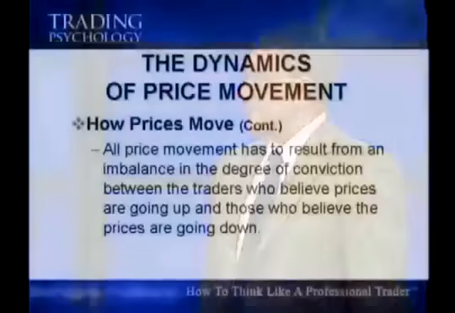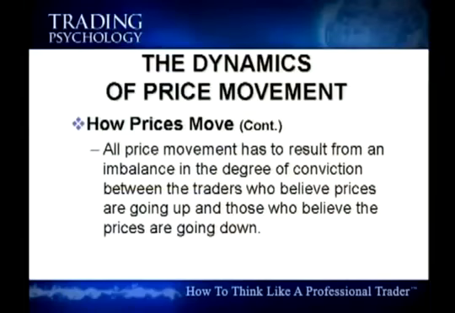So basically, all price movement has to be a result of an imbalance in the degree of conviction between the traders who believe that prices are going up and those who believe that it's going down. That is the only way that prices move. It doesn't matter what the reasons are that people tell you about why they did what they did, or what you hear on CNBC or whatever about where the market is and why it went the way that it went.